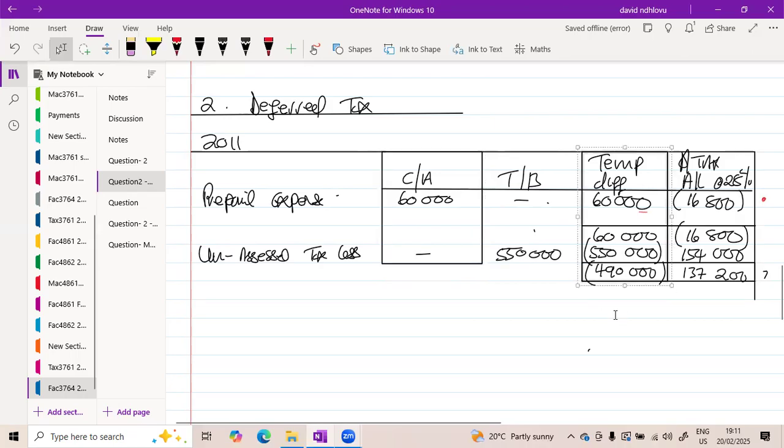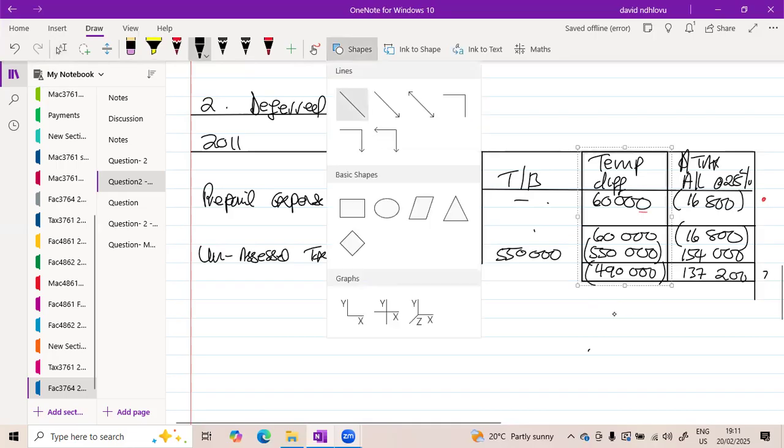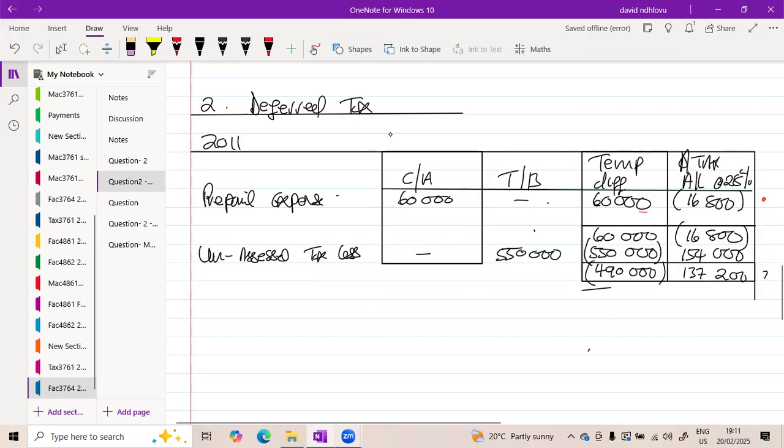I have to be clear: if you are in CTA, both 1 and 2, and you are doing FAC 3761, your question will definitely have unused tax losses. You have to be very clear on this. If you are doing 3701, this is where we separate the boys from the men.